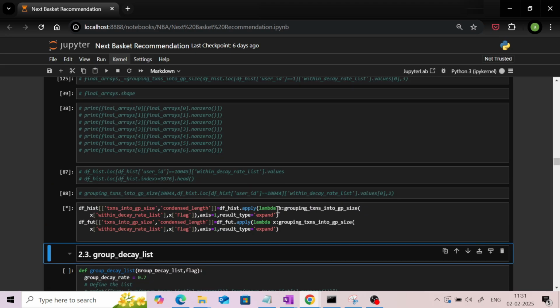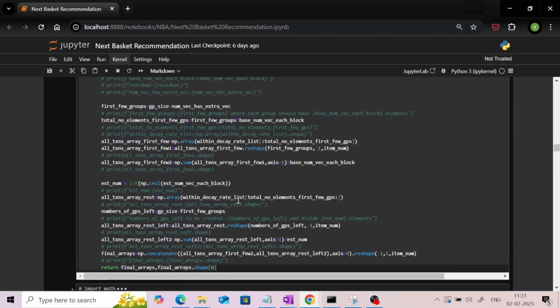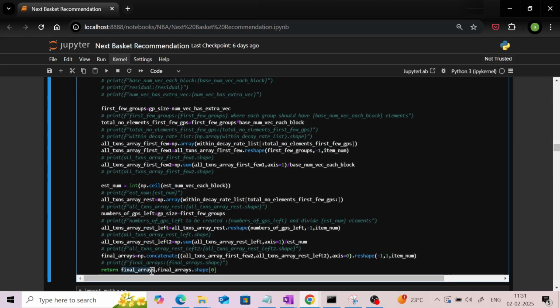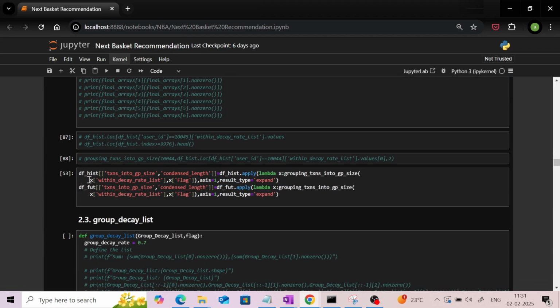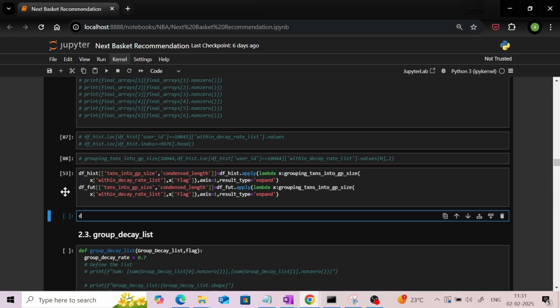Since we had two outputs being shared, one is the final arrays after grouping it into 7 groups, and the shape of that array, the final shape, which should be 7, that is being returned over here.